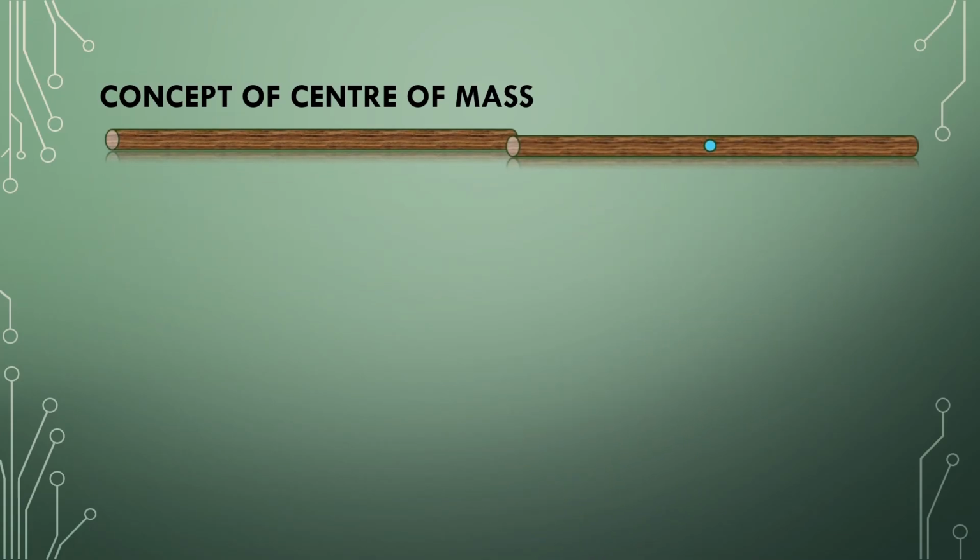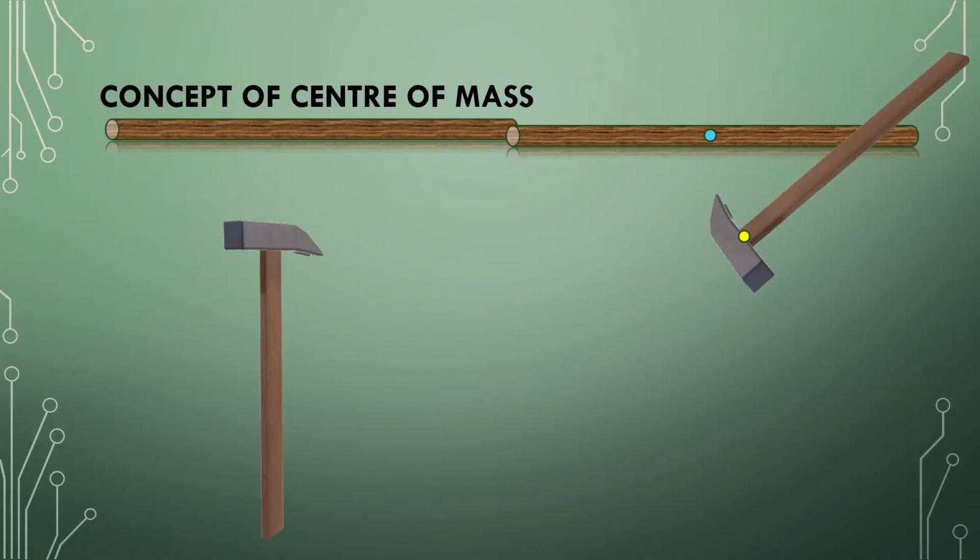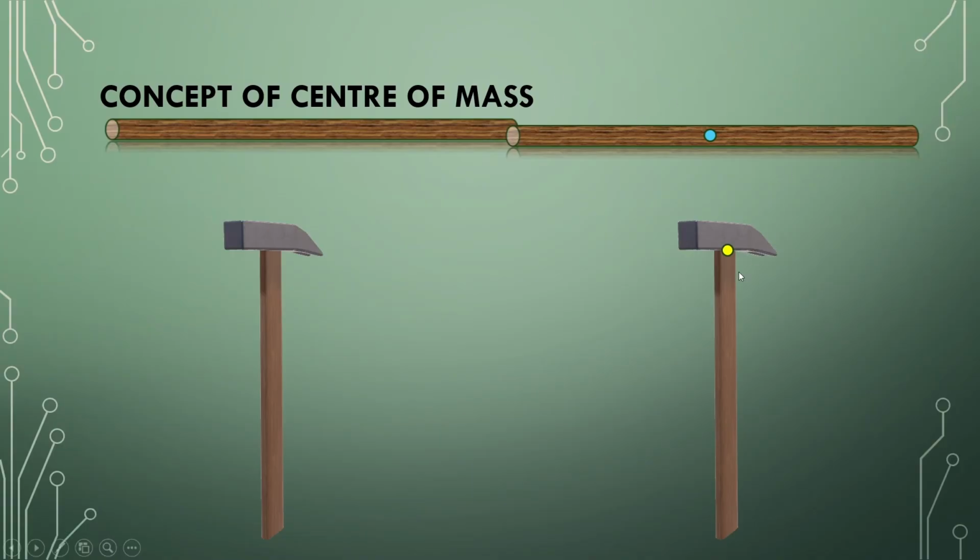Now we will understand an uneven distribution of mass, that is a hammer. If we take a hammer, the mass distribution is uneven and you will find that the center of mass shifts towards the heavier part. It is marked here as a yellow dot.